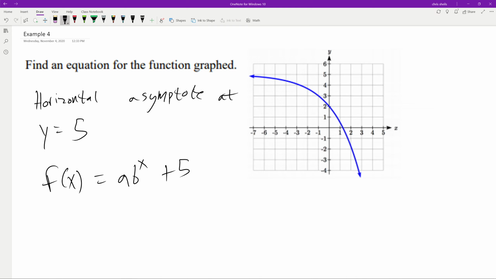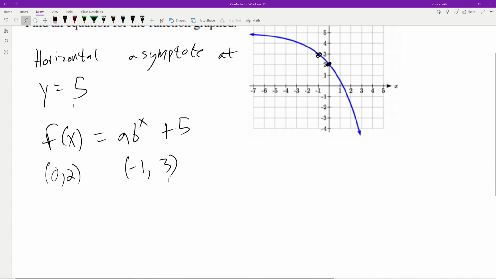Now if I want to find a and b, I have to find two other points on this graph. Thankfully it looks like I have the point 0, 2, and what else? -1, 3. If I substitute in these points, I get 2 equals a times b to the 0th plus 5.